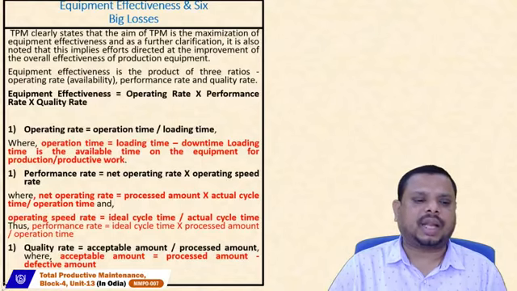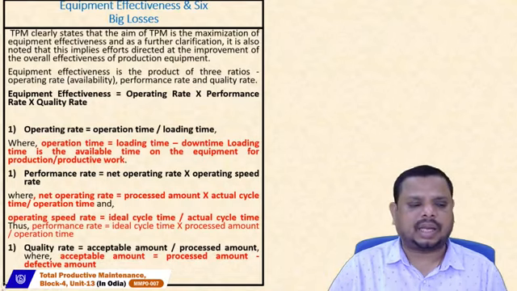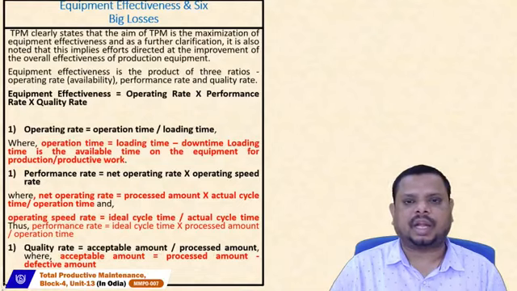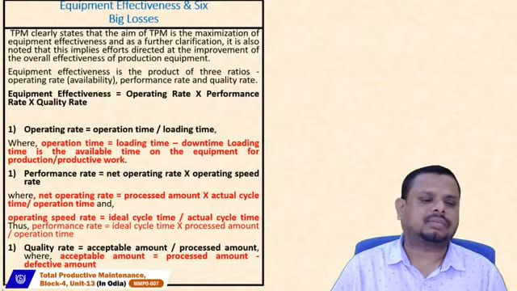Here the net operating rate equals processed amount times actual cycle time per operation time, and the operating speed rate equals ideal cycle time divided by actual cycle time. Similarly, performance rate also equals ideal cycle time times processed amount per operation time.